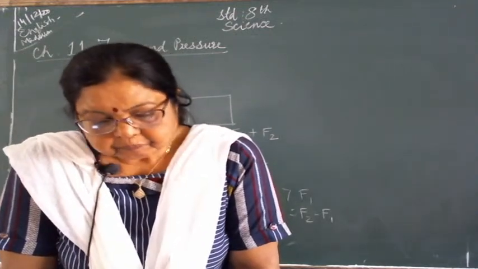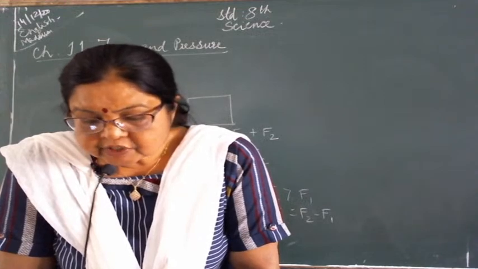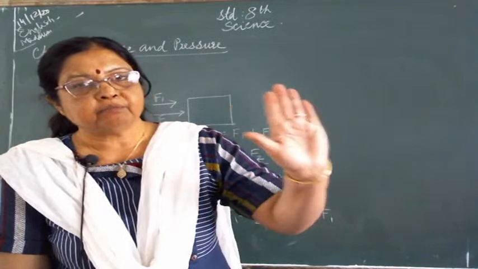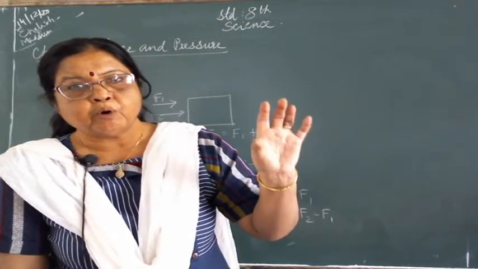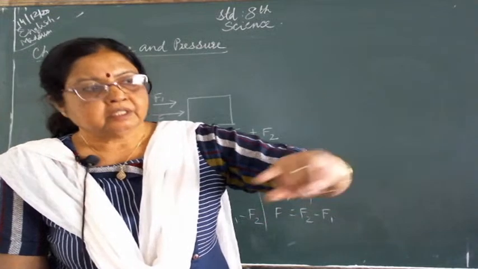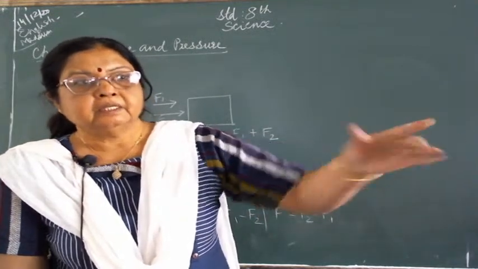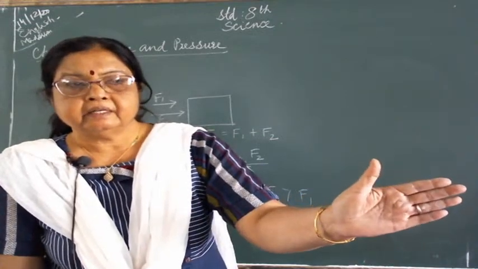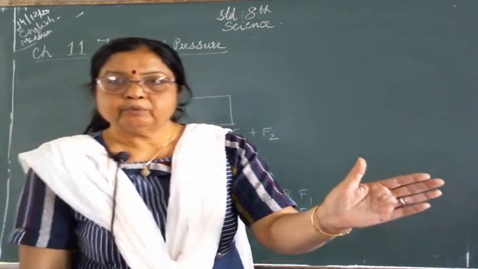All right. A force can change the state of motion. A stationary ball on the table, you just give a push, the ball moves. A ball is moving, you just put your hand, it will stop moving.